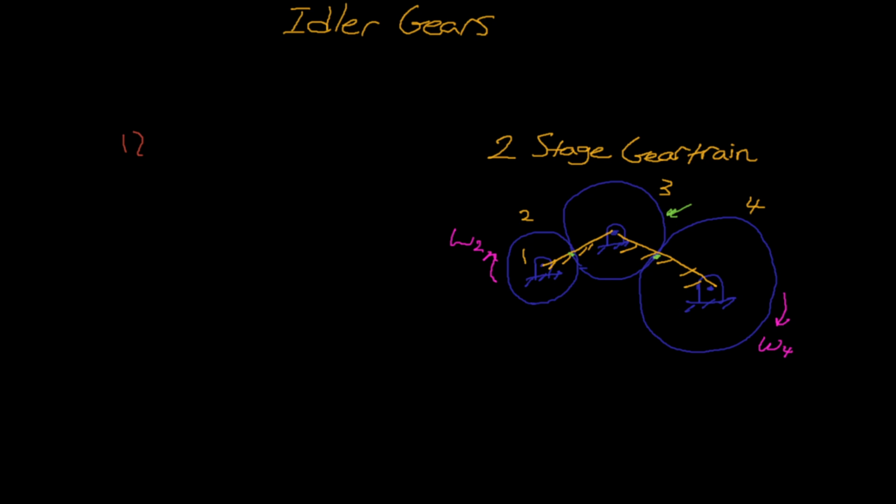The first equation is 2 rolls externally on 3 relative to arm 1. And the second equation is 3 rolls externally on 4 relative to arm 1.